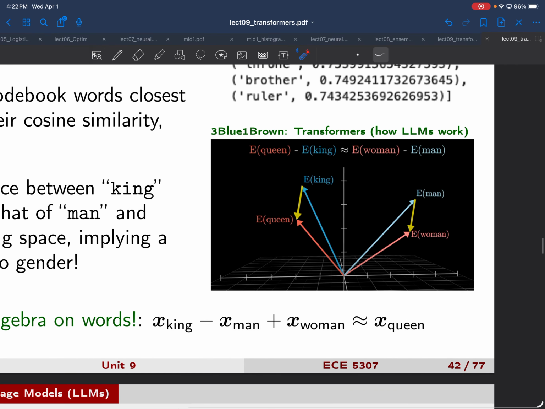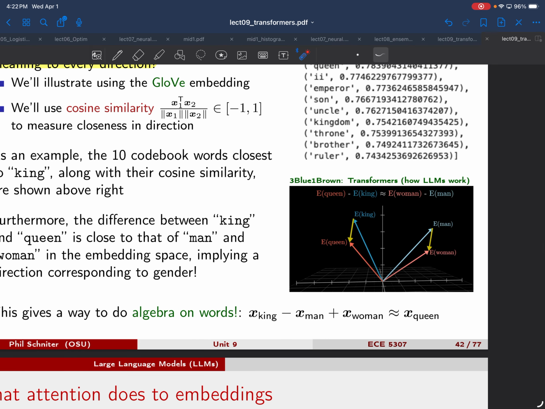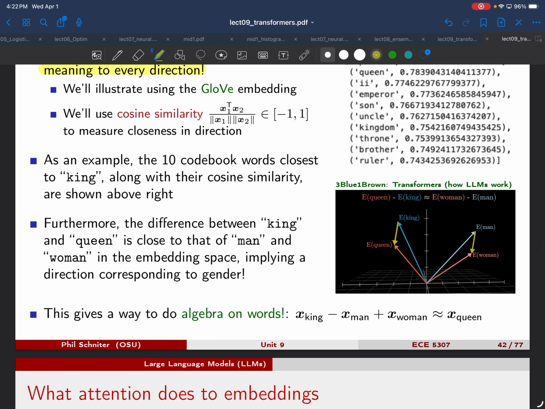What that means is that you can essentially do algebra on the words once they are in the embedding space. For example, if you took the embedding for king, subtracted the embedding for man, and added the embedding for woman, it would be approximately equal to the embedding for queen.